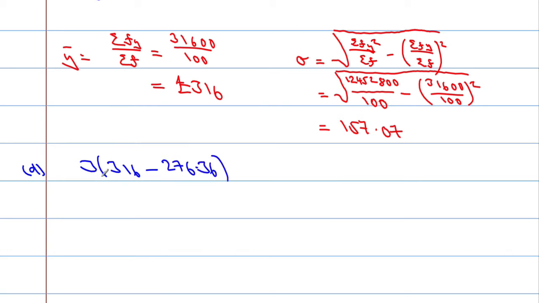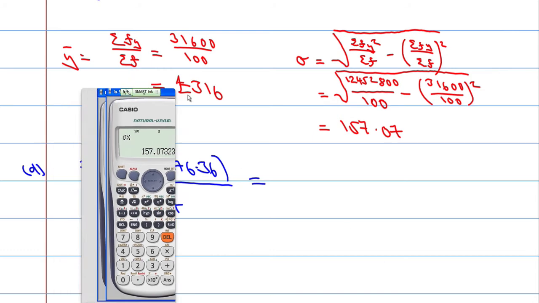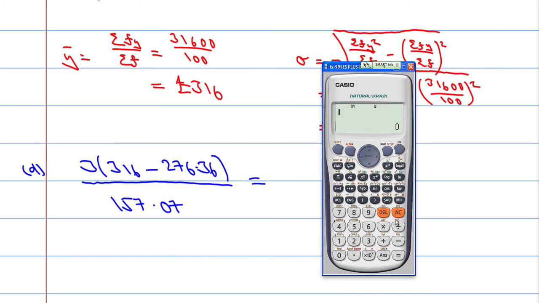276.36. 3 times the mean minus the median, all over the standard deviation, 157.07. And let's get the calculator out. Okay, so 3 times 316 minus 276.36, and I need to divide that by 157.07.